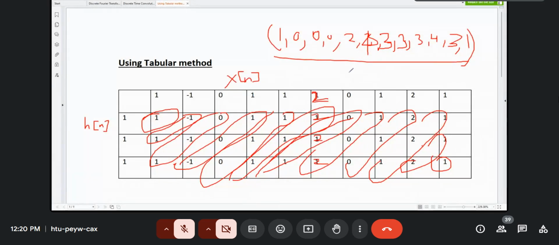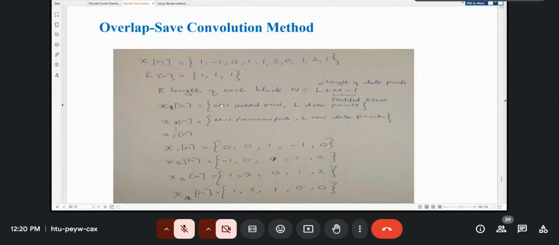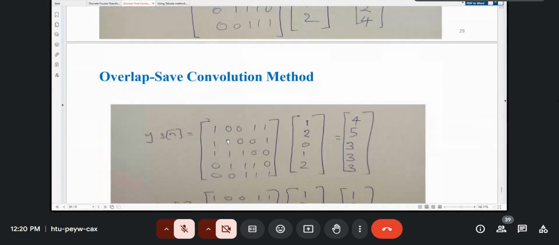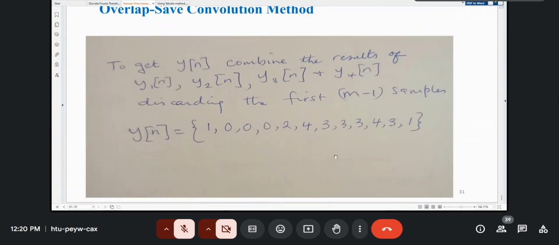Yeah, we are good. I think this gives us the answer we got with the overlap save method. It gives us the 12 samples: L plus N minus 1. So L is 10 plus N is 3 minus 1 gives us 12.